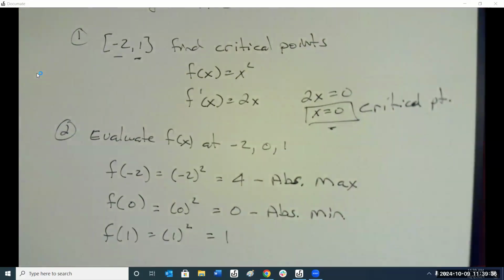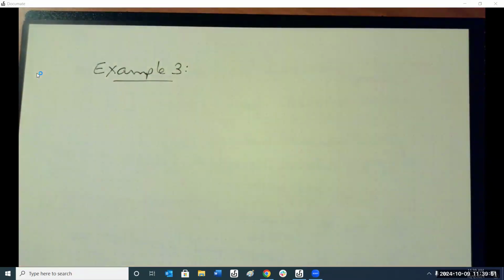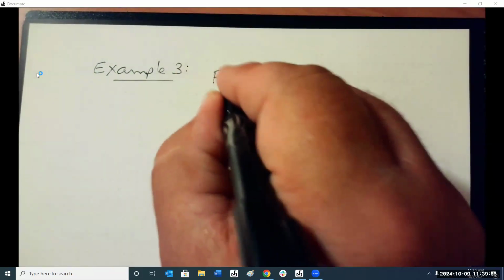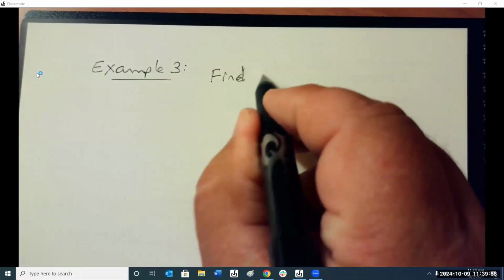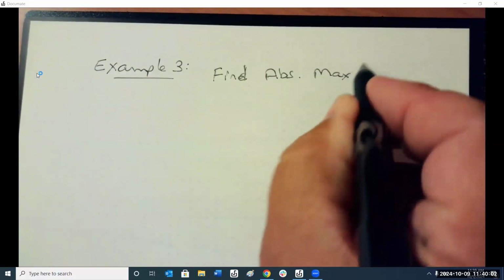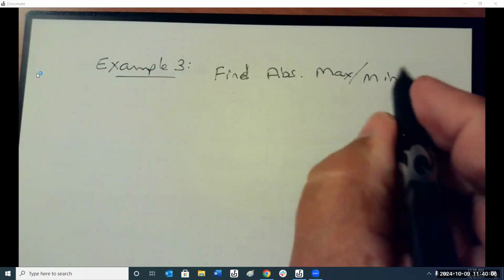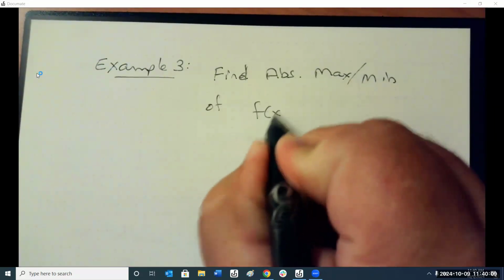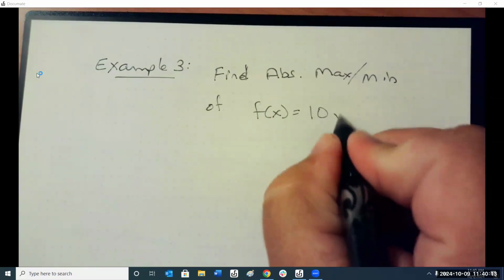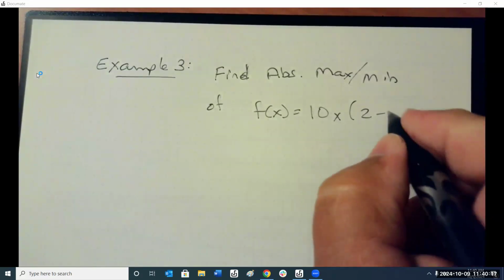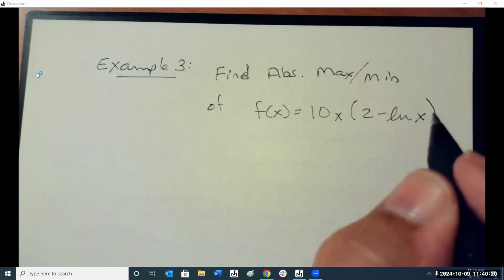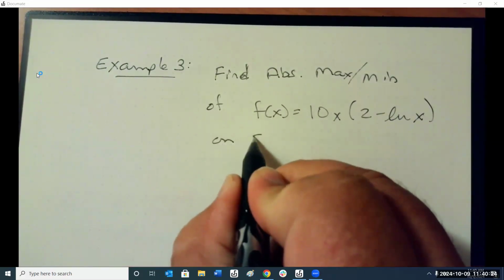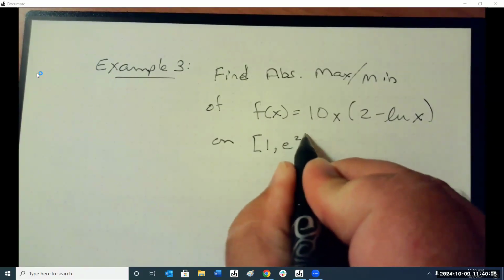Let's look at example 3. Find the absolute max and min of the function f of x equals 10x times 2 minus ln x on the interval 1 to e squared.